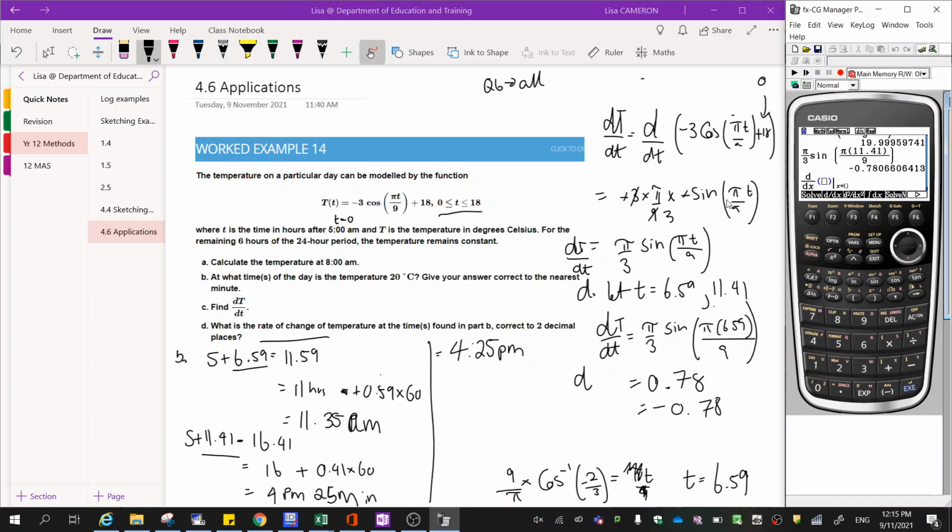In this section there, I'm going to input our original function, negative 3 cos pi x over 9, just like that. Close that bracket, plus 18 on the end. So your original function is going in there, and then you're telling it that you want to then let x equal 6.59. So if I do that, boom, you get that first answer.